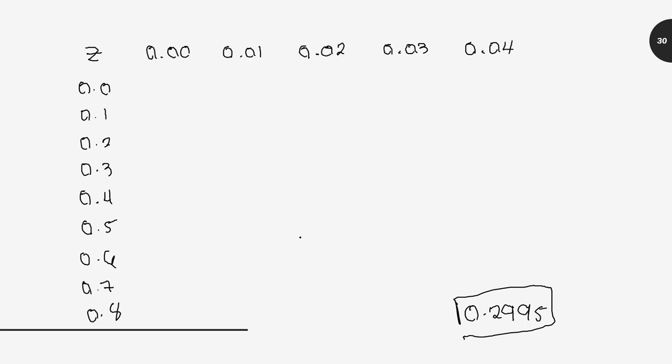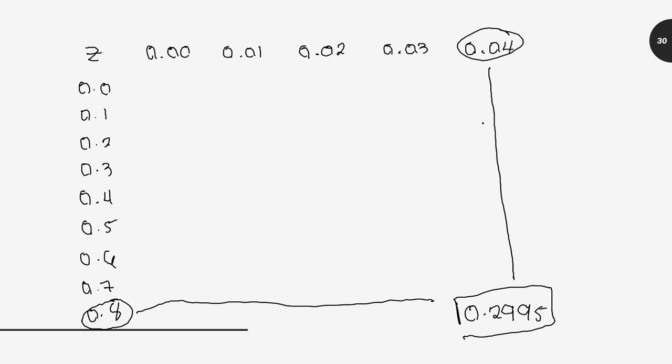Ngayon, titignan natin kung saan po sila magtatapat. Anong number ba sa taas? Anong number po ba dito sa gilid? Based on it, nandito po siya sa 0.8 and then 0.04. Kaya kanina Ashley, meron tayong 0.84, kasi yung Z value na 0.84 is equal kay 0.2995.